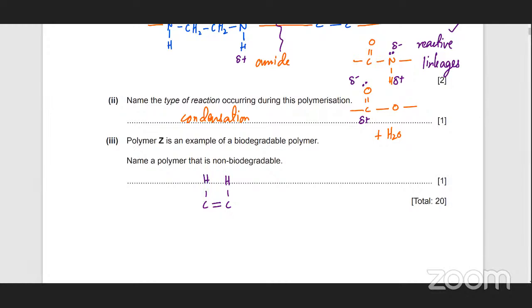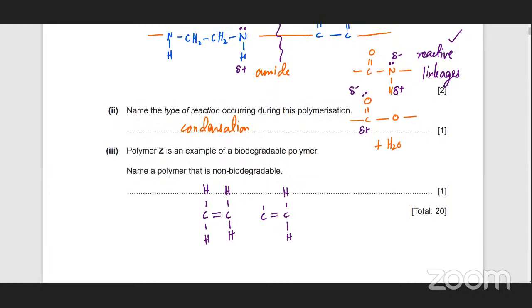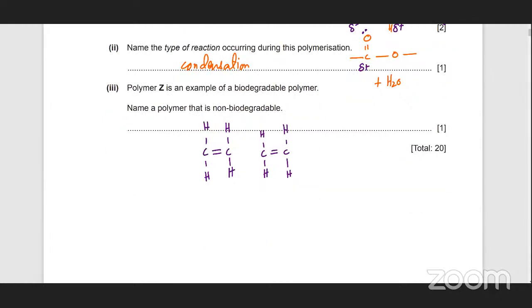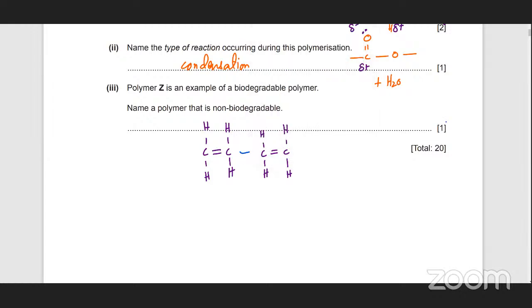Okay, so for example, if you have an alkene, so that alkene, and I'm drawing a polyethene molecule. So what happens with a polyethene molecule is that all the chains are carbon-carbon chains. They all link up. The double bond in the middle kind of turns into a single bond.